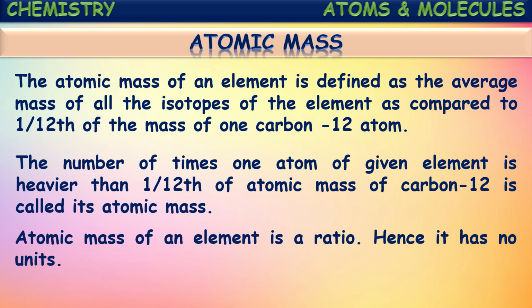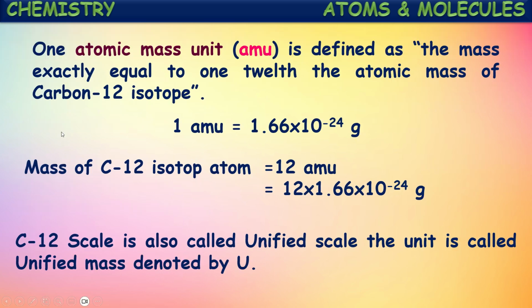Simple. The C12 isotope is divided into 12 parts, and one part is equal to 1 AMU. Now for any atom, how many times its mass is heavier than the 12th part of the C12 isotope is called its atomic mass. And next, atomic mass unit.